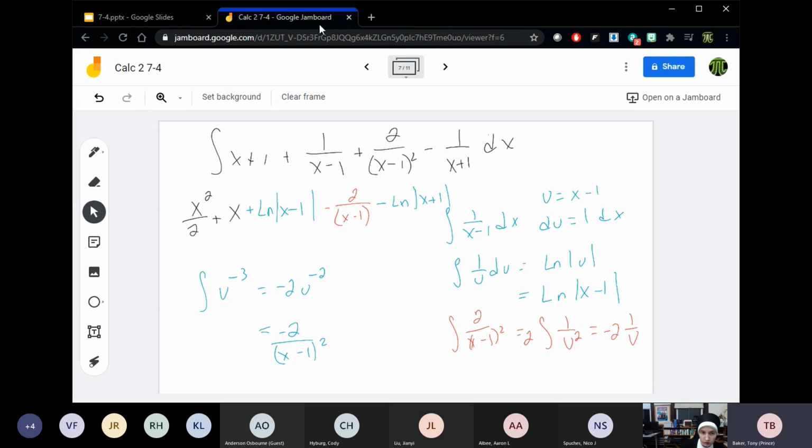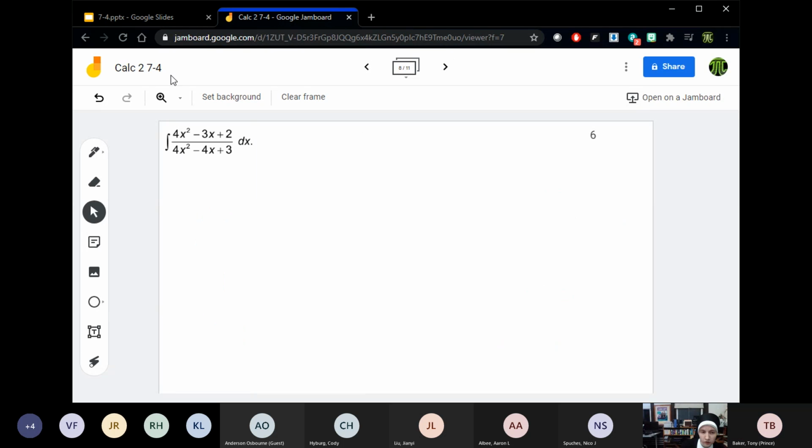All right, next problem. We have 4x squared minus 3x plus 2 over 4x squared minus 4x plus 3. So far, on the two that we've done long division on, the denominator has been higher or lower than the numerator.